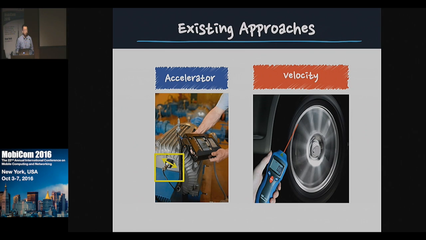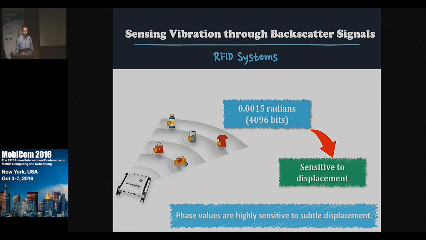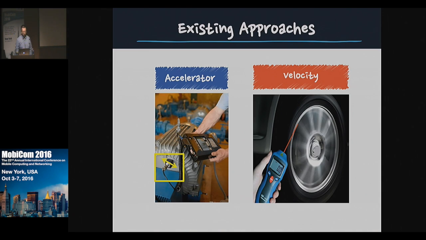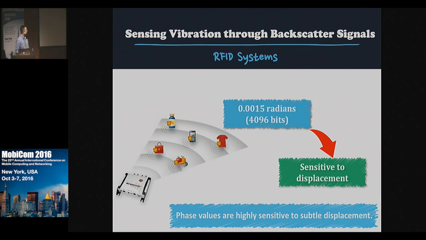For example, we can attach an accelerometer to the vibrating surface of the rotating machine for diagnosis. Or we can use a laser meter to measure the speed of the spinning. However, these methods have many drawbacks.